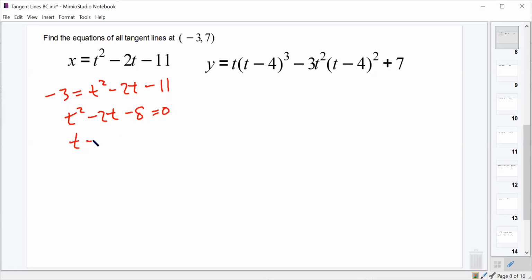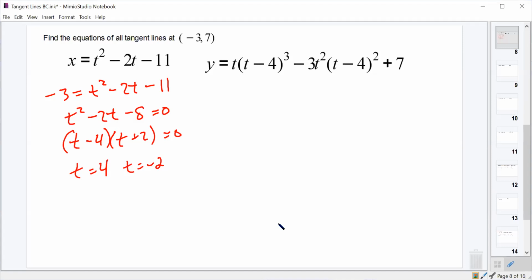And we can factor that to (t minus 4)(t plus 2). So we got t equals 4 and t equals -2. Everybody get those two? t equals -2 and t equals 4. Yep. All right. Cool.